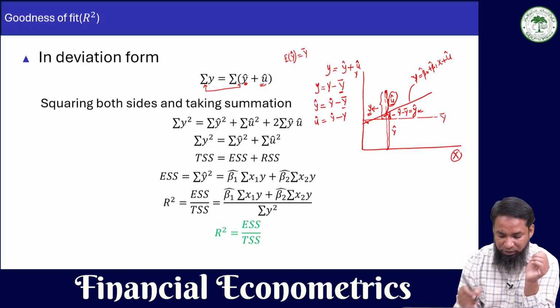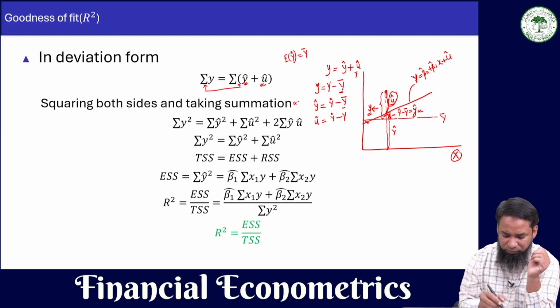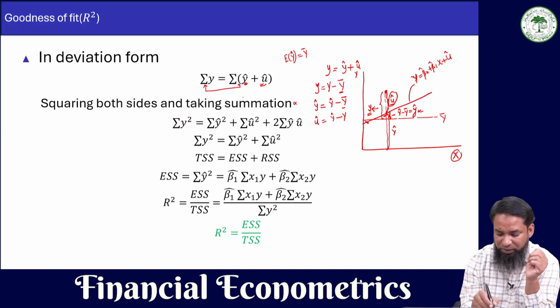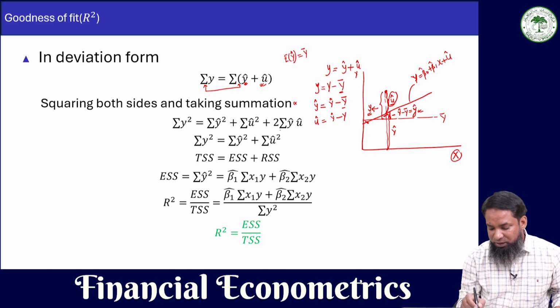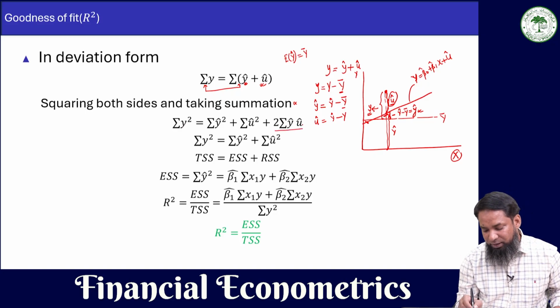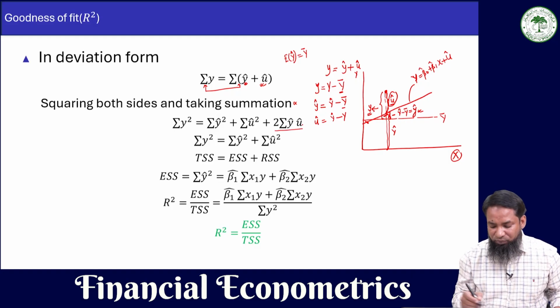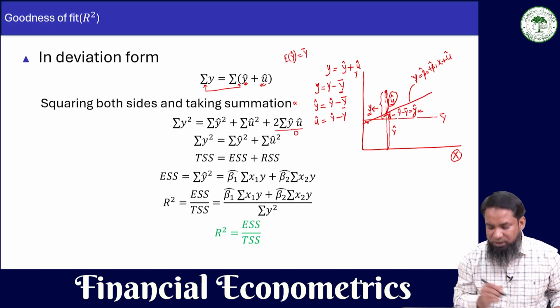So for that, let us take the summation here. Summation of y square will be the summation of the whole square of this, and we will have this particular term. But we know there is no relationship between y hat and u hat, therefore this particular term turns out to be 0.